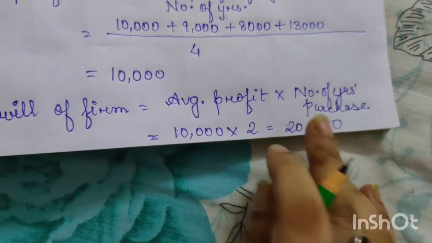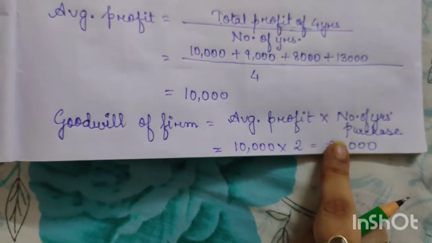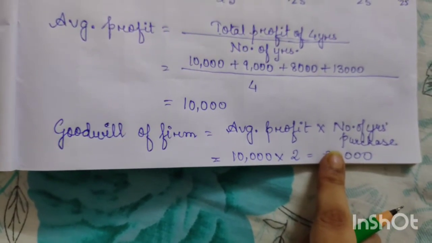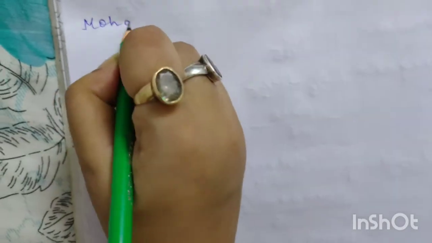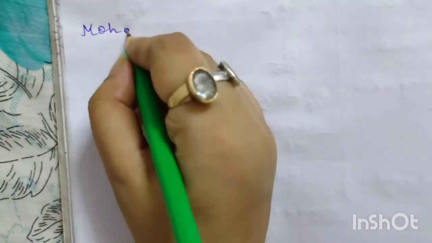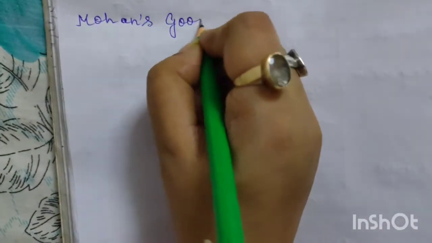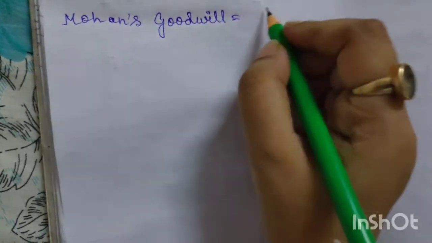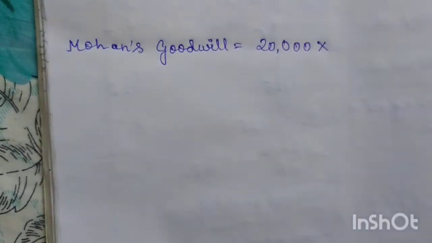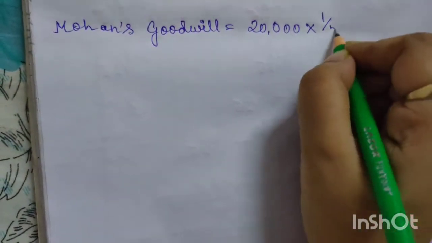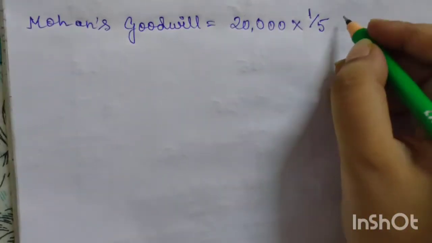Now we have got the goodwill of the firm as 20,000. So now we will calculate Mohan's share of goodwill. So here Mohan's goodwill is equal to 20,000 was the goodwill of the firm, 20,000 into his share of profit is 1/5. So now if we calculate, we will get 4,000.